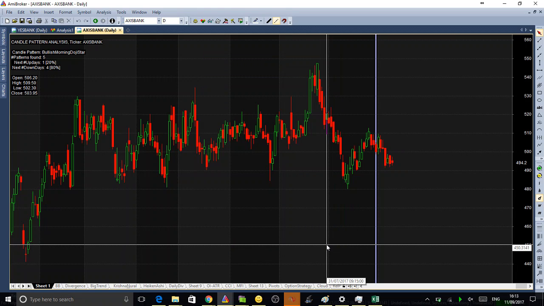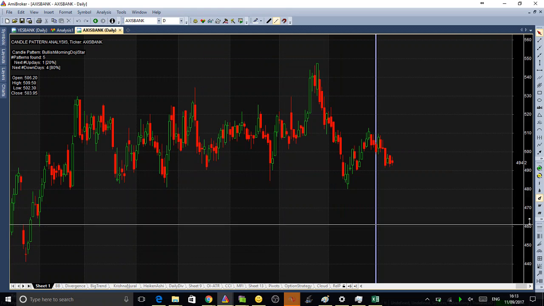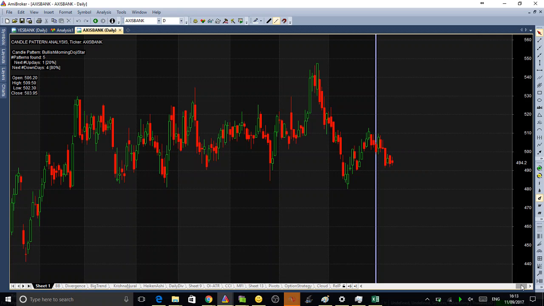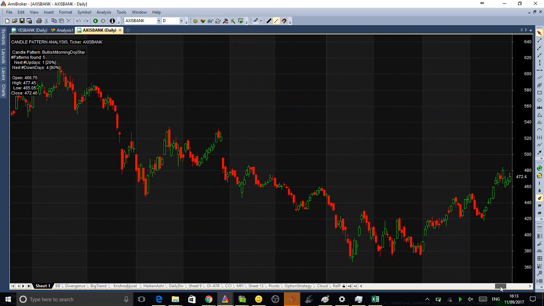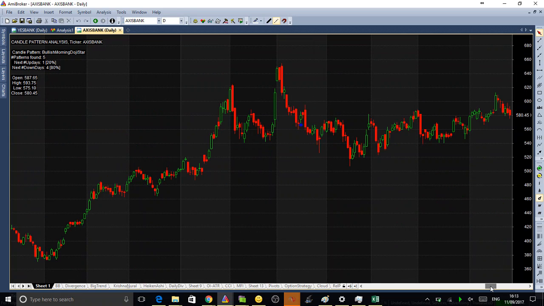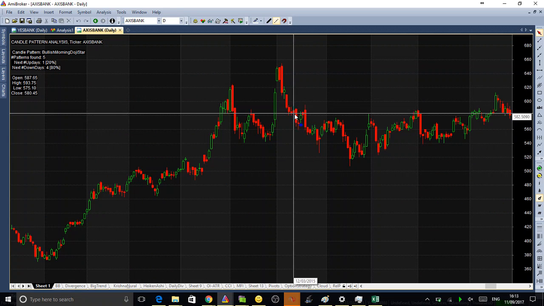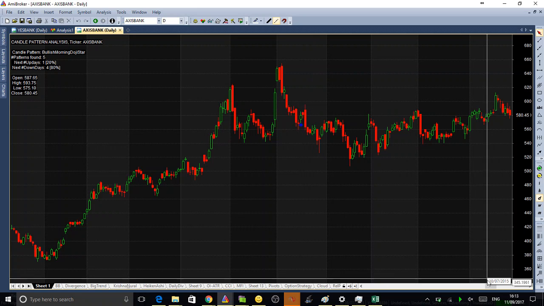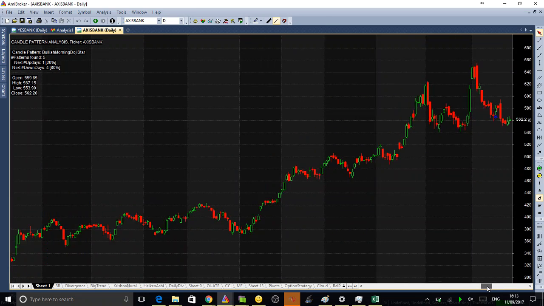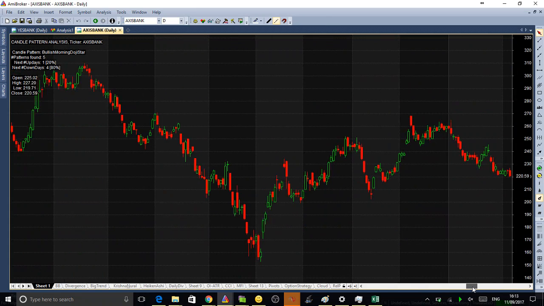So this is 25. You have got five doji morning stars. This is one. See, down, doji, and then green. But it's not changing the direction so well.